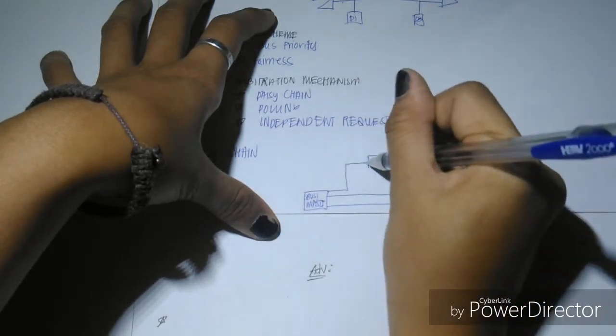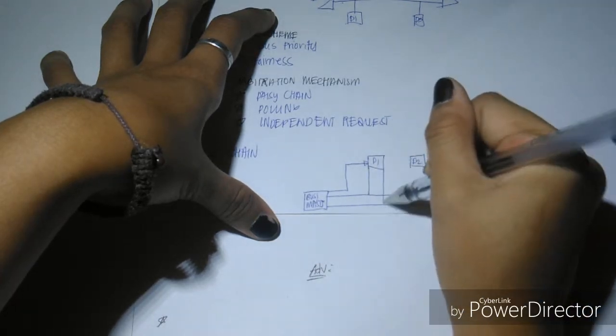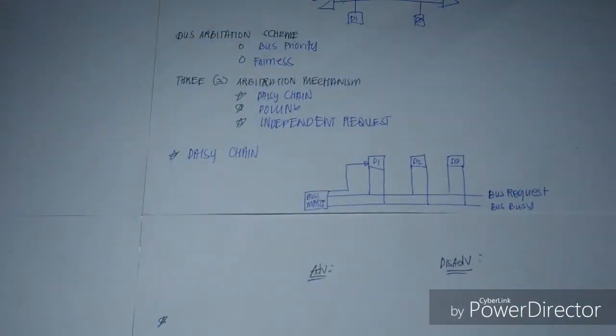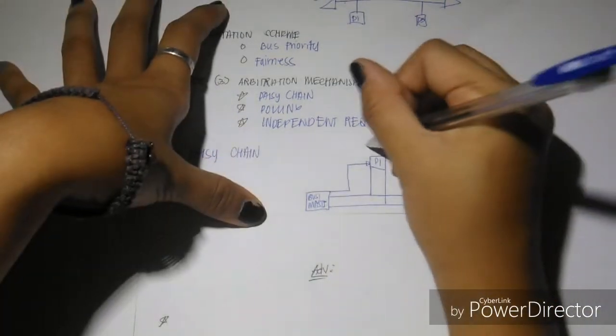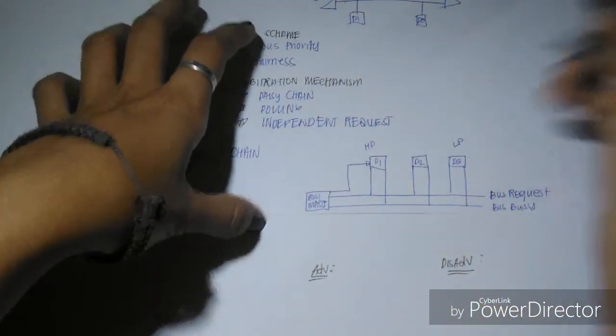Tapos, this line is for bus grant. Ayan. Kukonect mo lang siya sa... So, yung bus master, i-grant niya, i-serve niya muna is yung highest priority. So, yung highest priority dito is yung D1. While the lowest priority naman is yung D3.